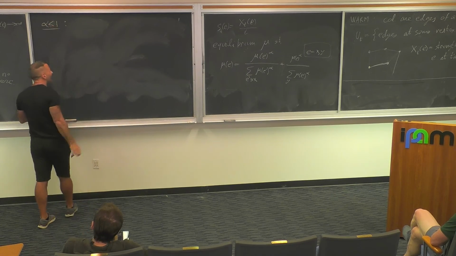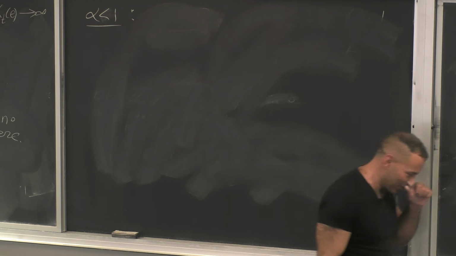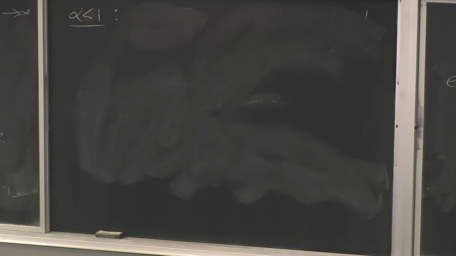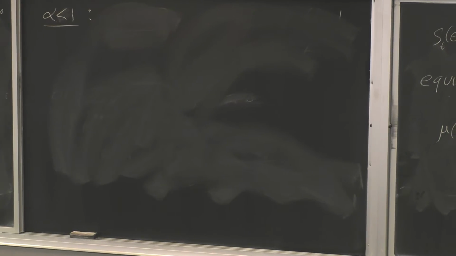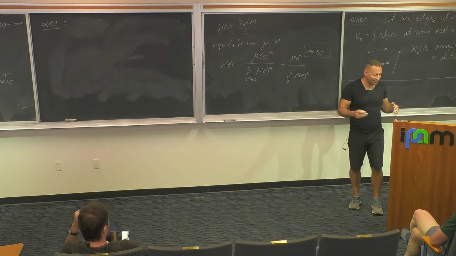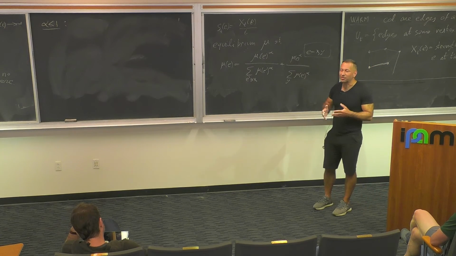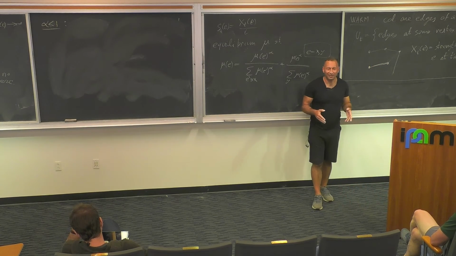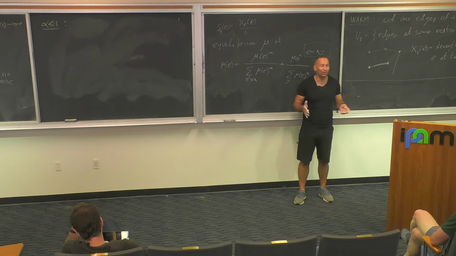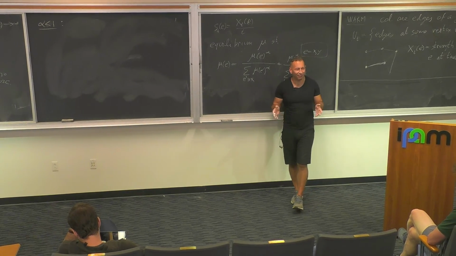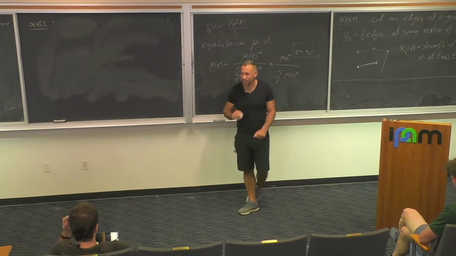Okay, so for the final few minutes, I want to talk about alpha less than 1. The expectation when alpha is less than 1 is that things stabilize. So the expectation is that there should be some equilibrium, ideally a unique equilibrium determined by the graph, and you should converge to this.